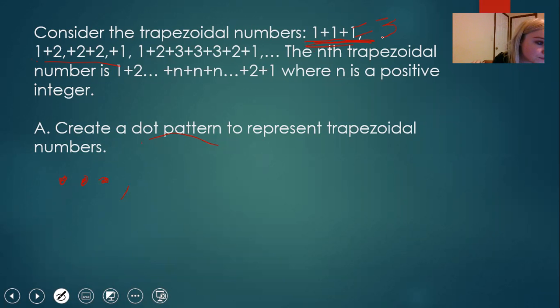That equals 8. So that means we need 8 dots. 1, 2, 3, 4, 5, 6, 7, 8. Not the best trapezoid, but it'll do. Okay. So now we're going to look again at the next one.